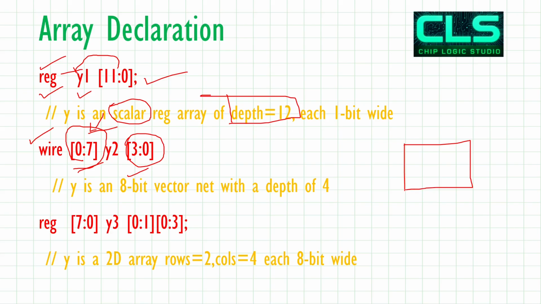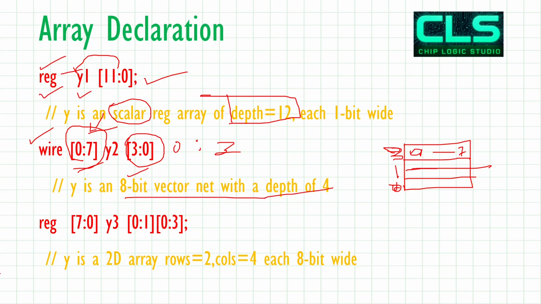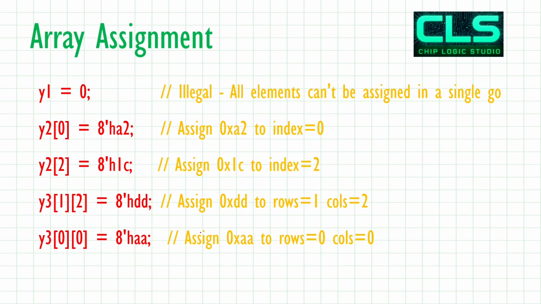Simply you can say there will be 4 arrays, with index 0 to 7 for the bits and 0 to 3 for the depth. So here we are creating an 8-bit vector net with a depth of 4. Now this is our 2D array. Same as before, your data type will come, then the name of the array, and how you write this I will explain after this slide.